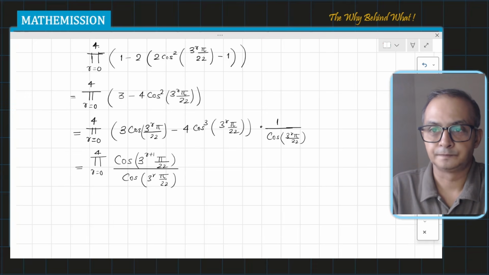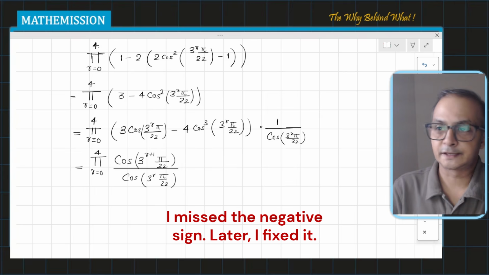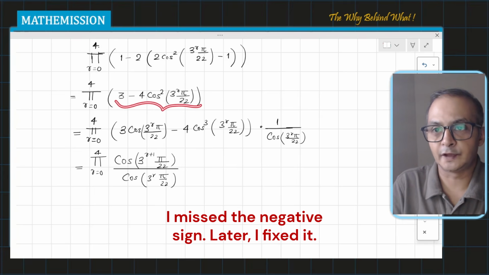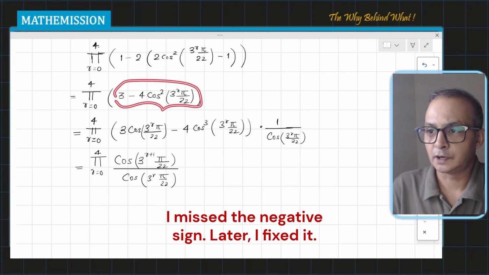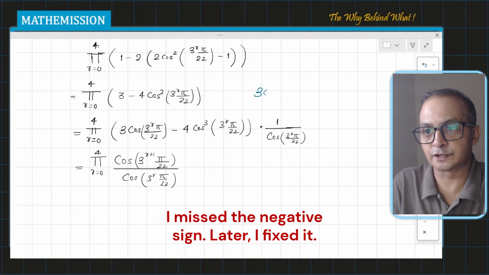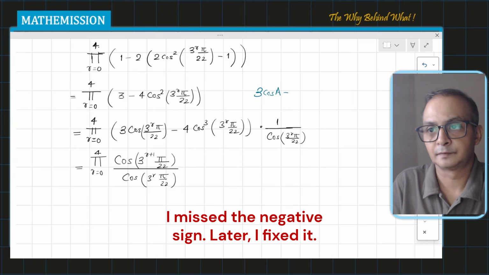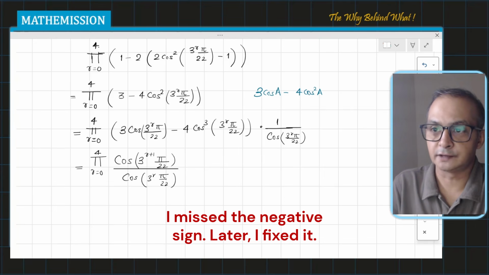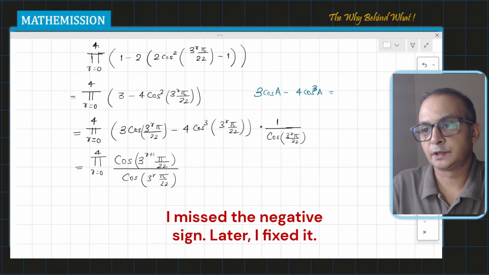Now, this kind of expression you have seen, it is a little bit familiar. How we can notice that this is going to be 3 cosine a minus 4 cosine cube a. So that is going to be the cosine 3 theta or 3a.